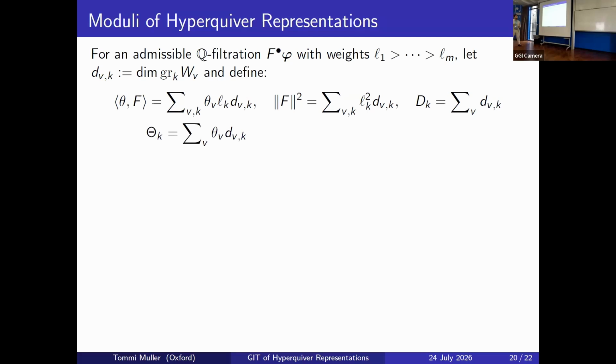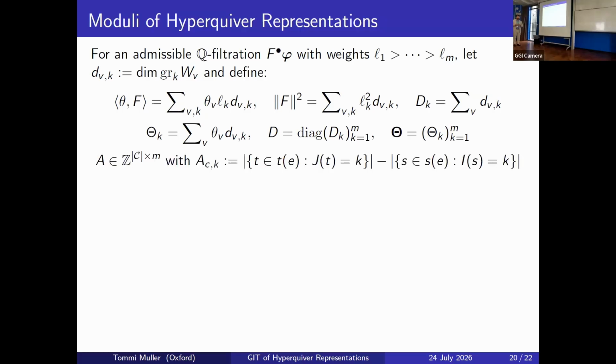That's the denominator of the slope which you saw for quiver representations. Theta_k is the same thing, the analog of the numerator for the slope of quiver representations. D is the diagonal matrix with entries d_k, and theta is just the vector of theta_k's. And then we have a global basis independent multiplicity matrix that just counts how many times the target hits weight space K minus how many times the source hits weight space K.